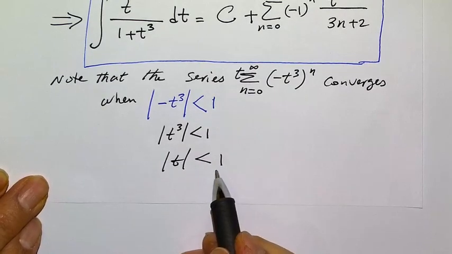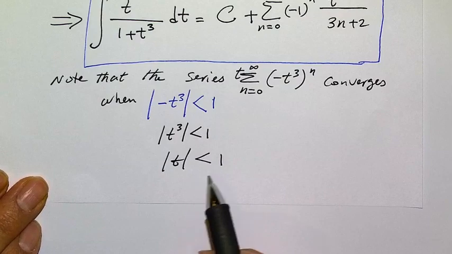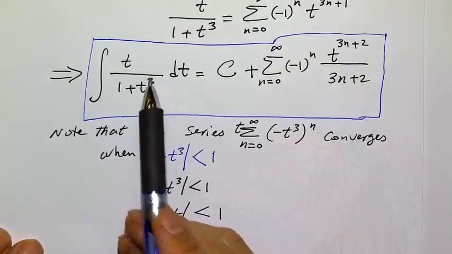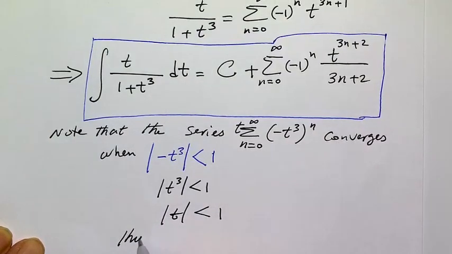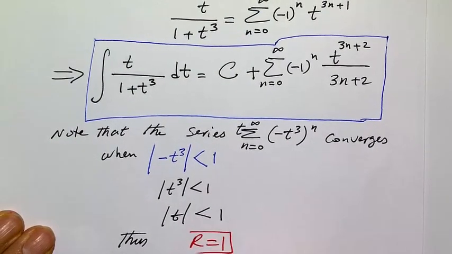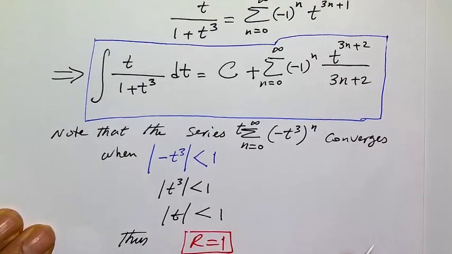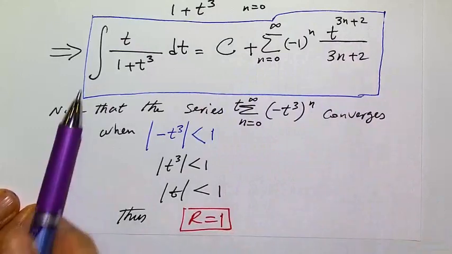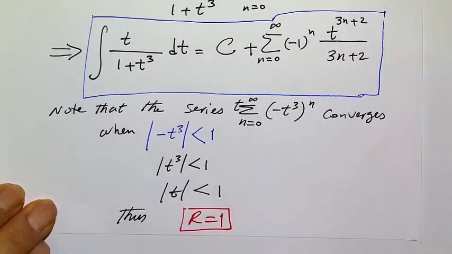So the radius of convergence for the series that represents the integral is 1. Thus, R equals 1. This is the radius of convergence for the series that represents our integral.